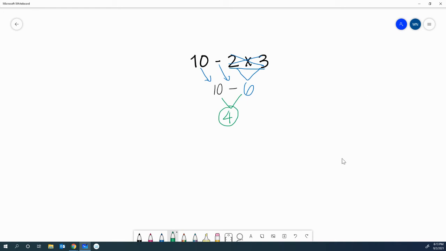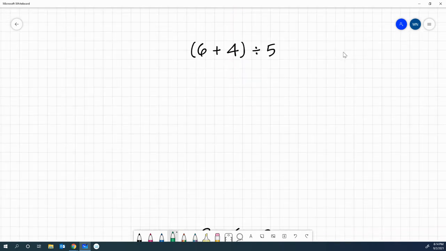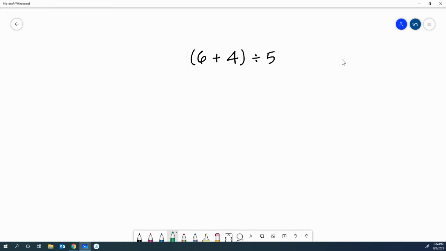Let's do another one. 6 plus 4 in parentheses, divided by 5. Remember, parentheses first. Here we have an example of those parentheses. 6 plus 4 is 10. Usually you would bring down your parentheses, but that would leave 10 by itself in its parentheses, so I'm not so worried about that.